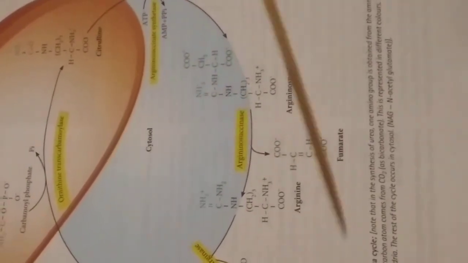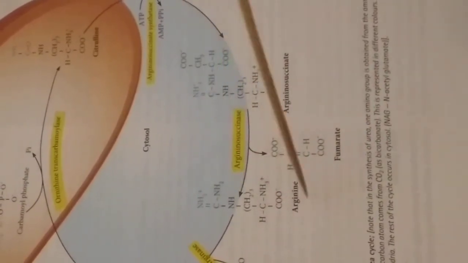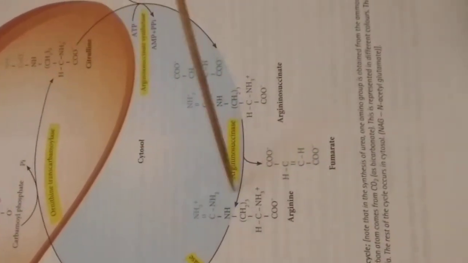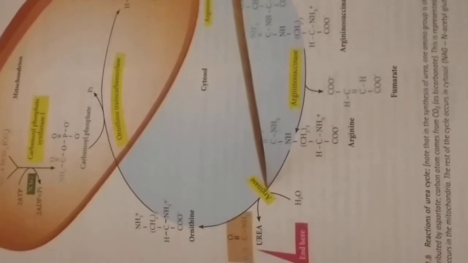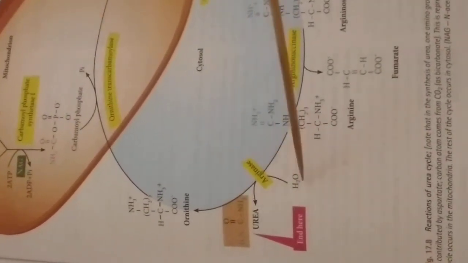So what can you understand? There is a connection between the urea cycle and the TCA cycle by this product. This is the byproduct. The other product formed is arginine, which is once again another amino acid. This arginine will be broken down with the help of the arginase enzyme into urea and water.